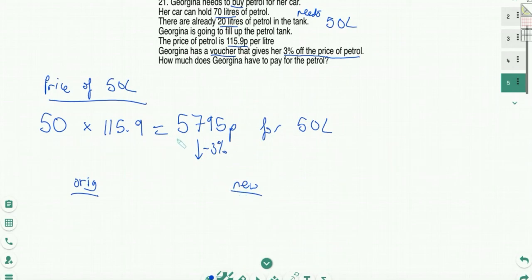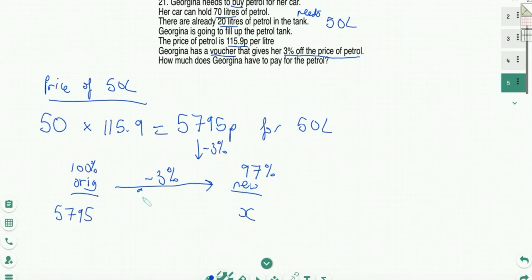The original price she would have to pay without her discount would be 5,795. And we're trying to find the new price of her petrol. And lucky her, she gets a 3% discount. So we can take off 3% from the price. As usual, the original price is always 100%. 100% minus 3% means she'll only be paying 97% of the price.